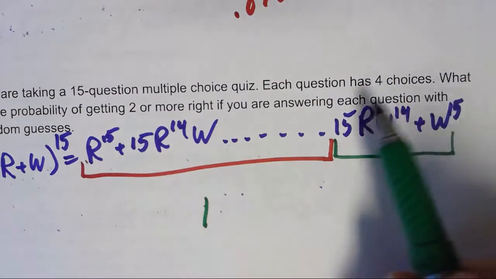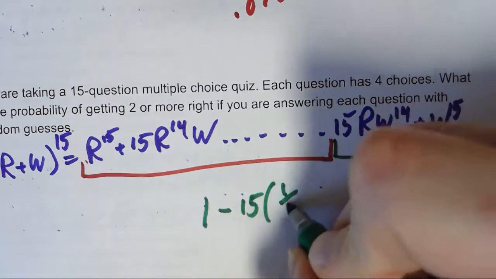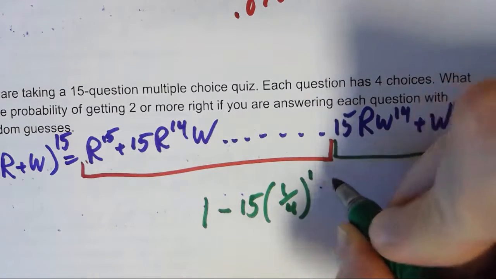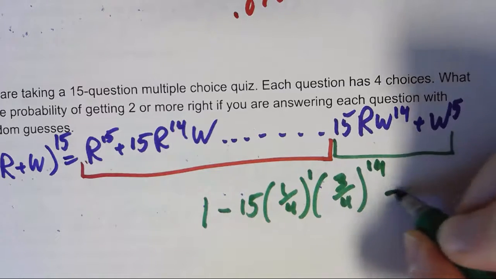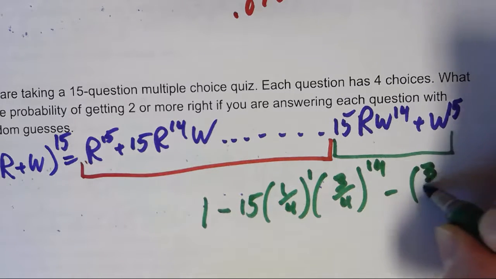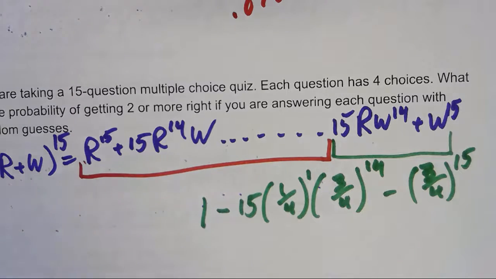Now, because it's a 4-question multiple choice, that means we have a 1/4 chance of getting any question right, and then we have a 3/4 chance of getting it wrong. So I put 3/4 in for w and 1/4 in for r.